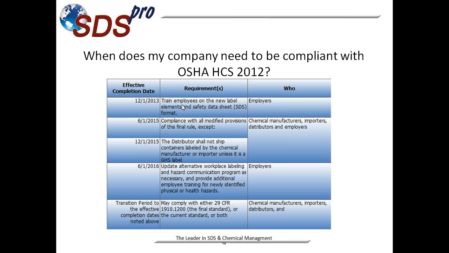And then the big date is June 1st, 2015. This date's big because this is when the manufacturers will be required to write SDSs versus MSDSs. Right now, if you're dealing with a manufacturer supplier, they can still send you an MSDS that's revised right now with today's date with the old MSDS information and not the GHS information.